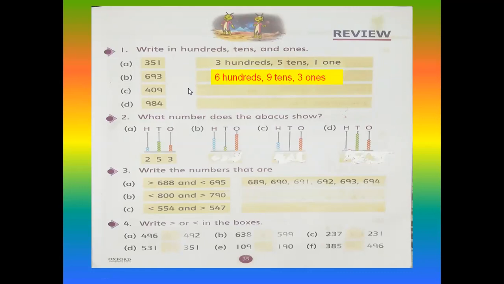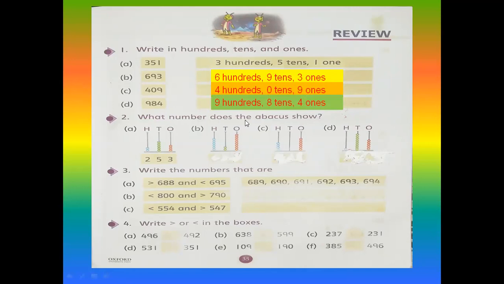Okay, right here, 4 hundreds, 0 tens, 9 ones. Next part, 984: so 9 hundreds, 8 tens, 4 ones. Right? 9 hundreds, 8 tens, 4 ones. Okay, in this way you will write. It is very easy. Question 2.